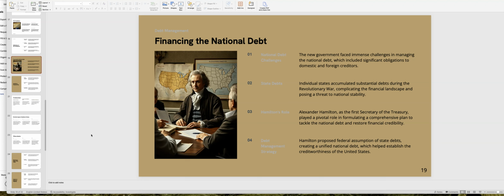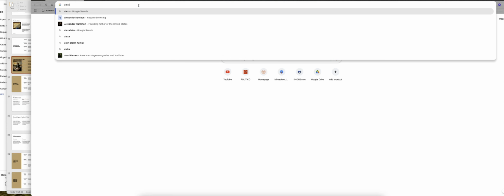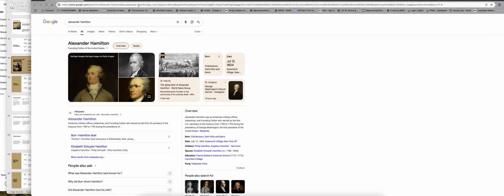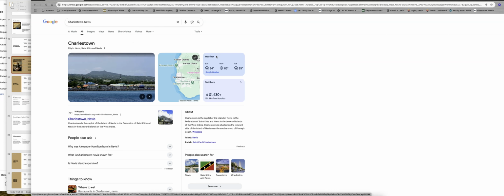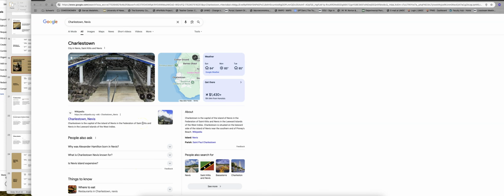But Hamilton is important despite the fact that this picture has nothing to do with it. When we think about the economy, Hamilton, and not the guy in this picture, was born in Haiti, I think. Sorry, St. Kitts, but it was certainly in the West Indies.